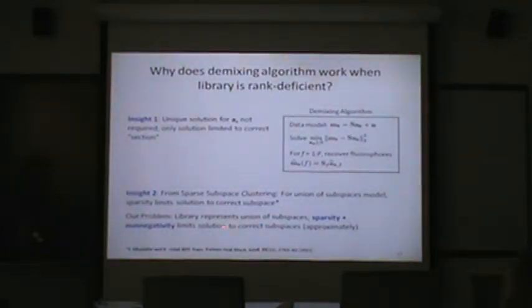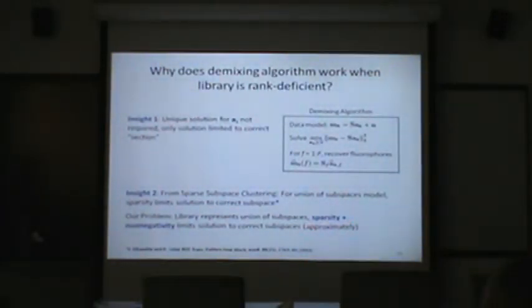So, what kind of an algorithm can give me that? Well, from the field of sparse subspace clustering, there is some work that shows that if you have a matrix that represents a union of subspaces model, and you ask for a sparse solution, you get a solution that's limited to the correct subspace. So for our problem, we can interpret our library as representing a union of subspaces. Each subspace corresponds to a fluorophore.